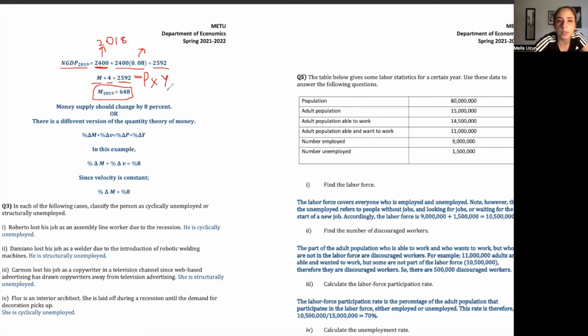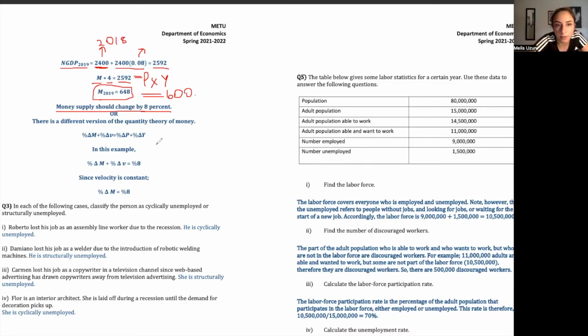It was 600 in 2018, and it needs to be changed by 8% to be equal to 648. So the question is, how much should the money supply change?